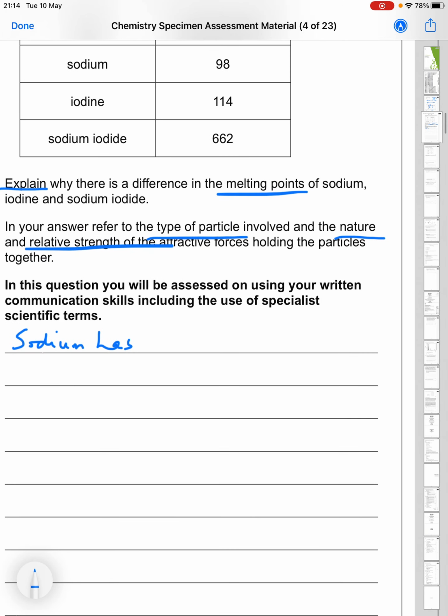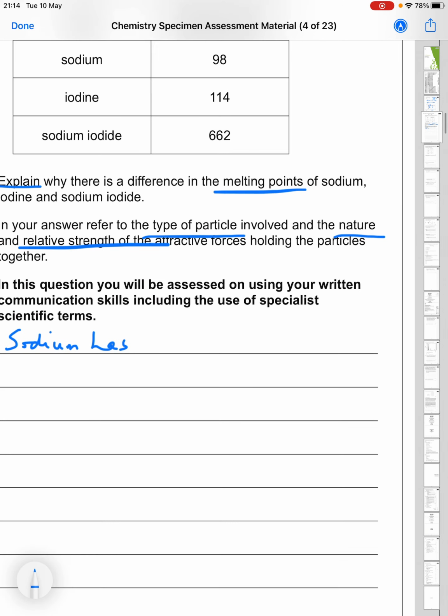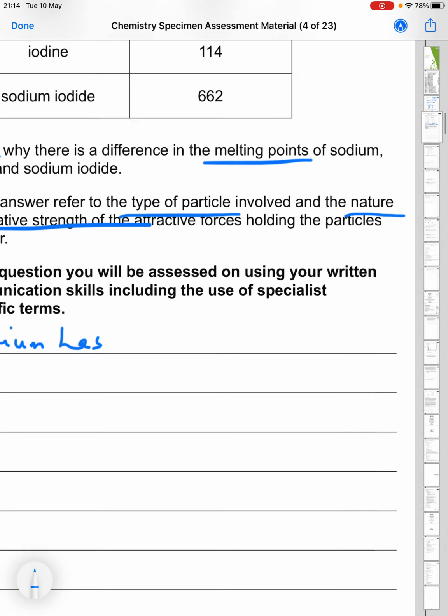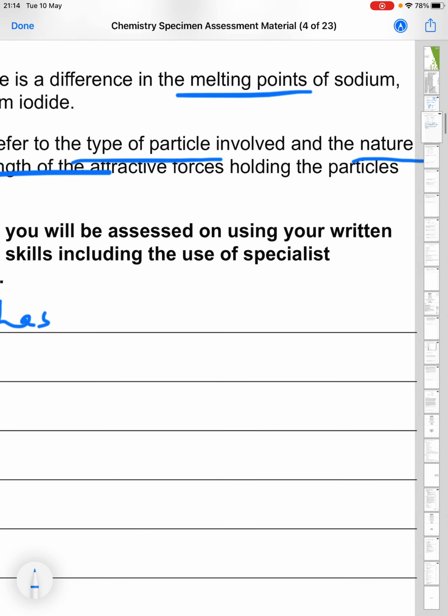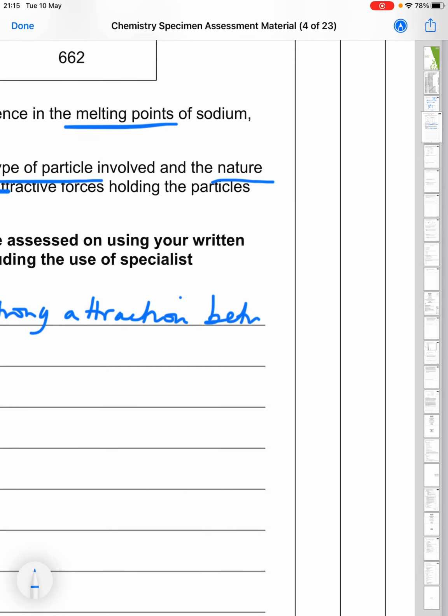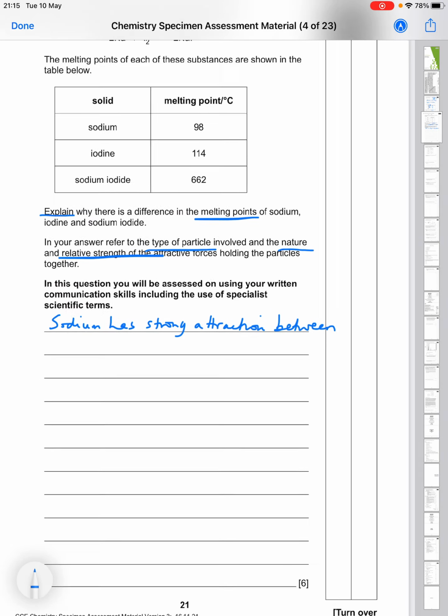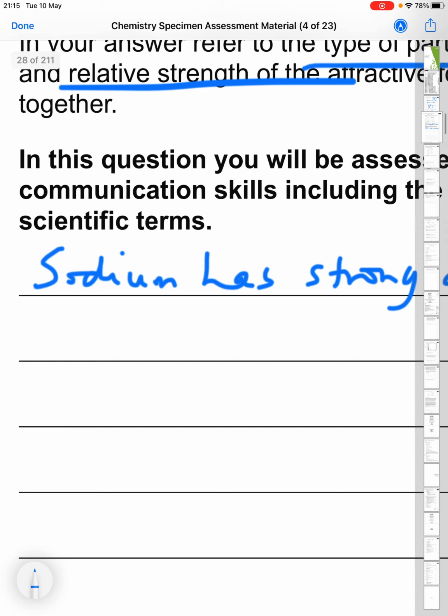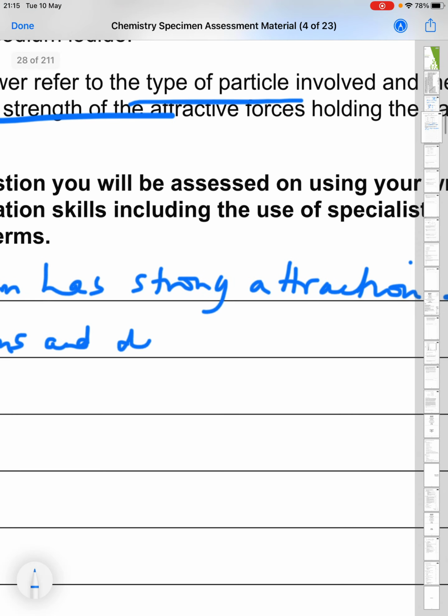So the type of particle involved and the nature and strength of the attractive forces. So sodium, it has strong attraction between the positive ions and delocalized electrons.